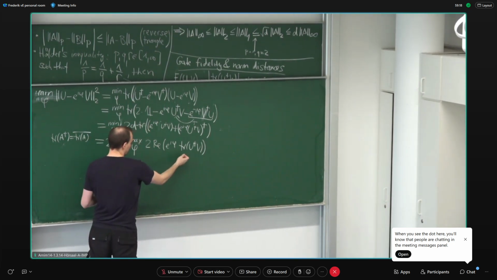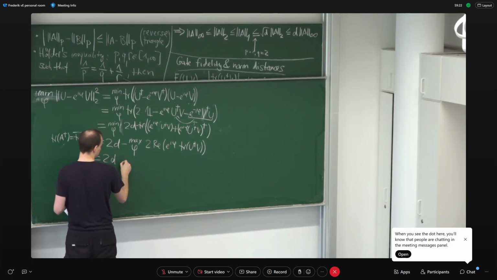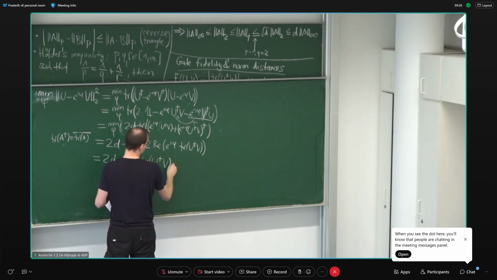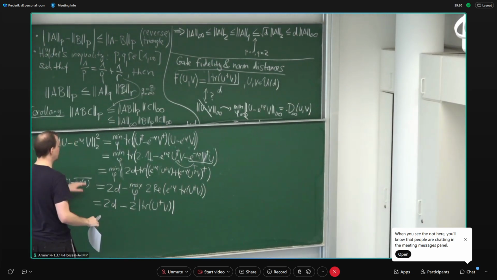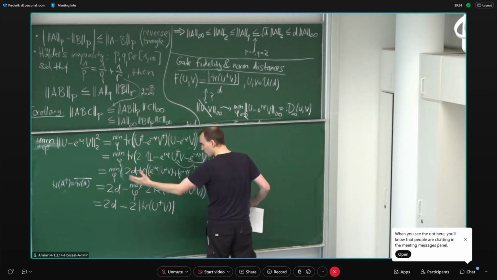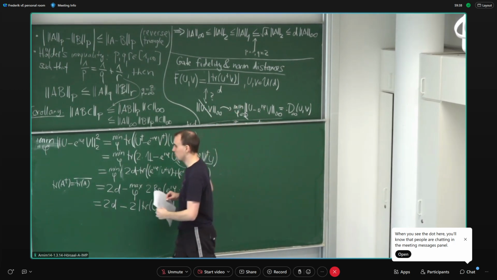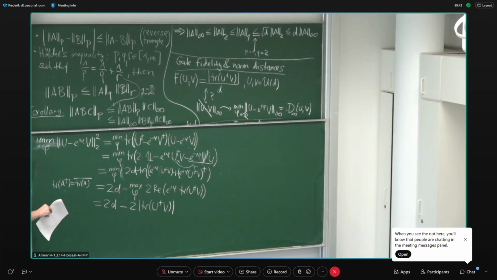So we'll end up with the absolute value, which is good because that's what we wanted. We want to see that the 2 norm difference is equivalent, these are all equalities, to this thing right here. And we'll have to divide by d in the end.